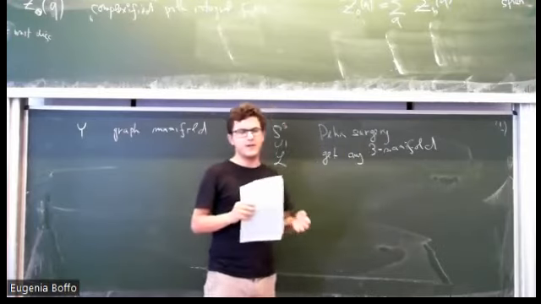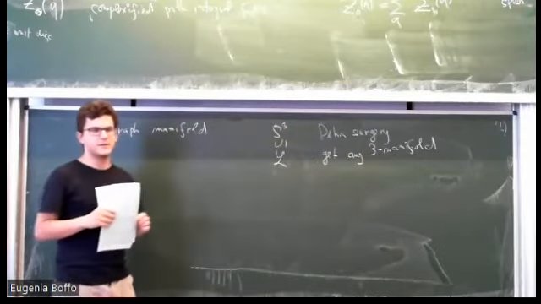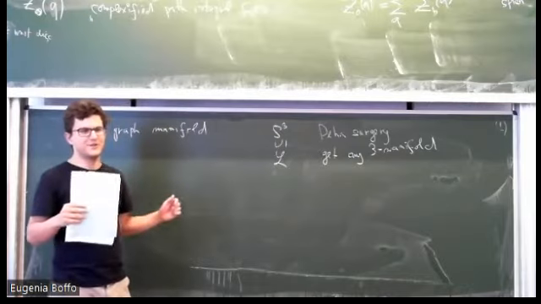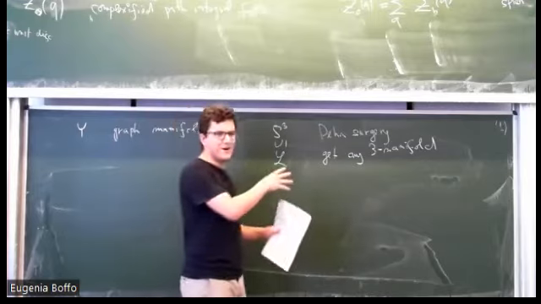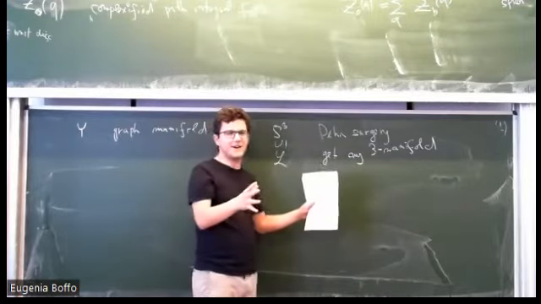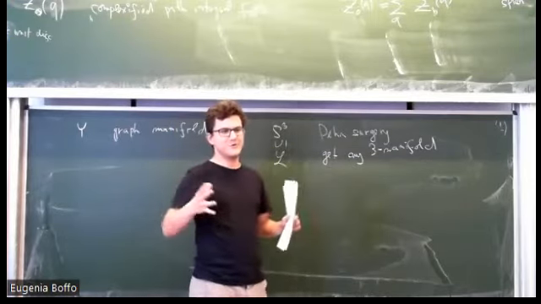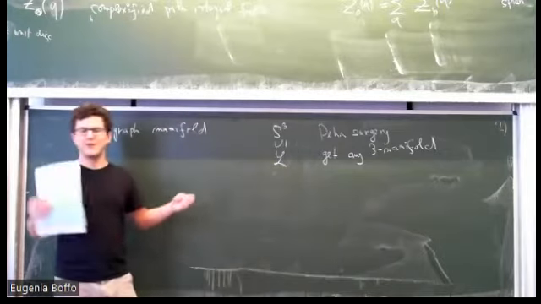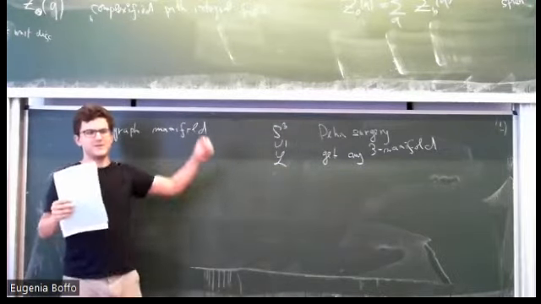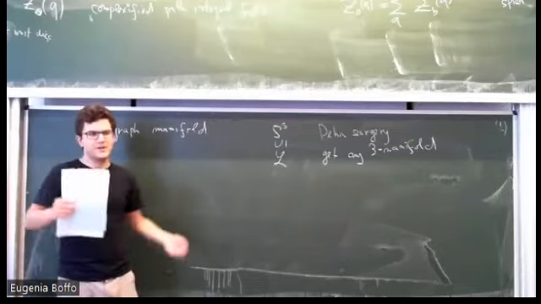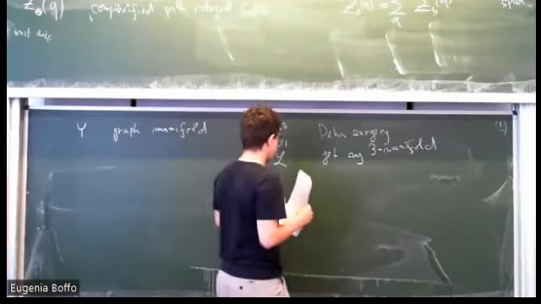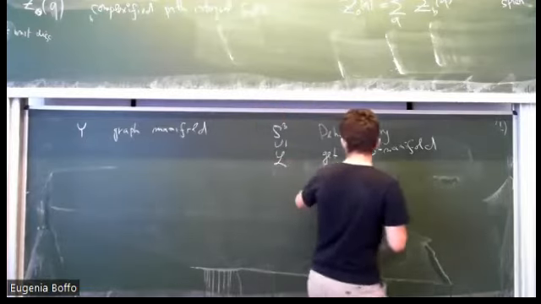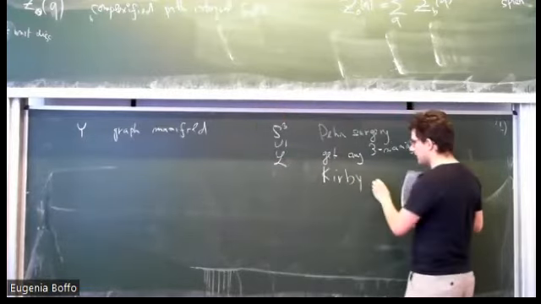And this area is called Kirby calculus, and it's very, very hard, because there is basically no way to say that two links are related by these moves. Even if you are an expert, there can be some very long sequence of moves which you just cannot find. So this is Kirby calculus.